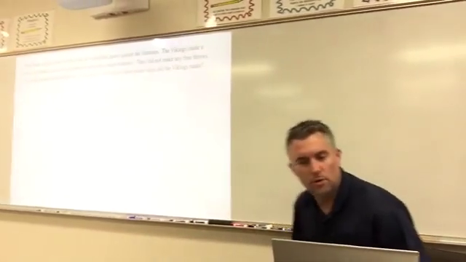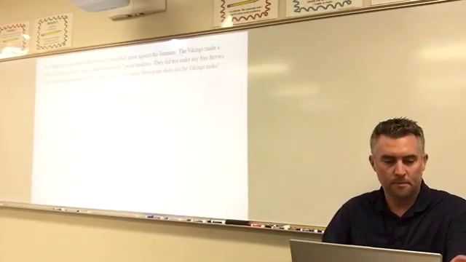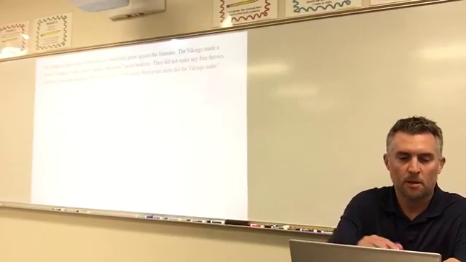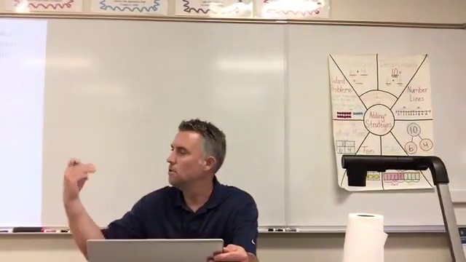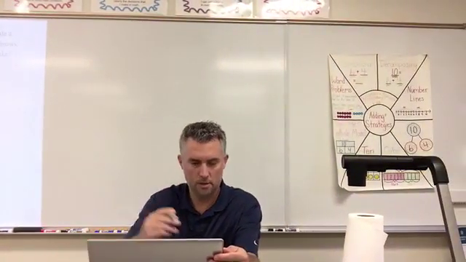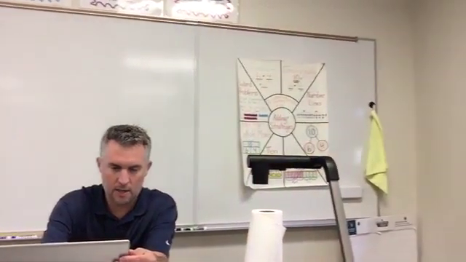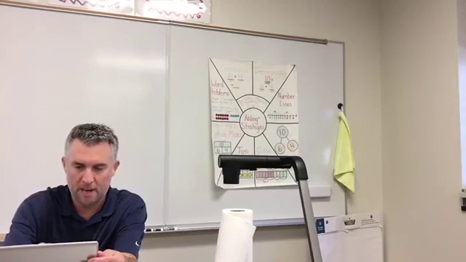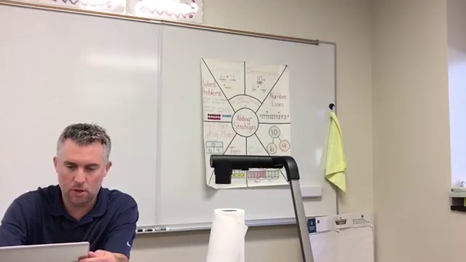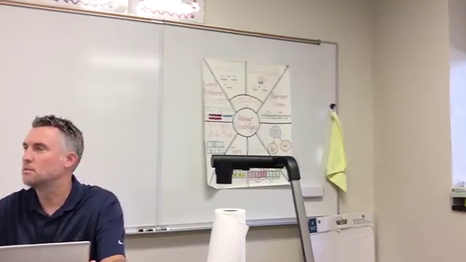So a lot of you were using X and Y. So we said, let's say X is equal to the number of 2-point baskets. And Y is equal to the number of 3-point baskets.